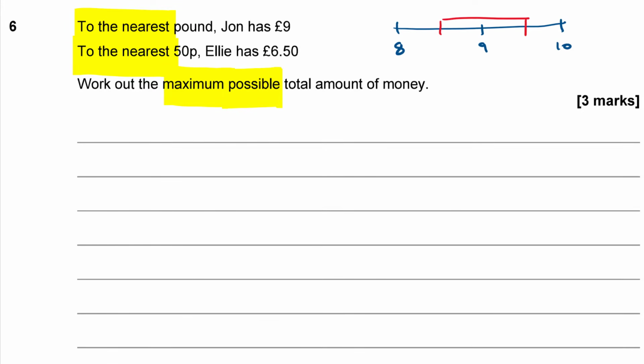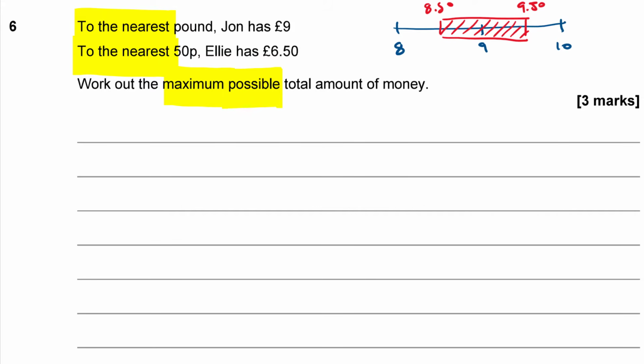They're all the ones that round to £9, aren't they? So the boundary is £8.50 at the lower end and £9.50 at the upper end. Obviously £9.50 technically rounds up, but it's still the boundary and still the value we use in these calculations.